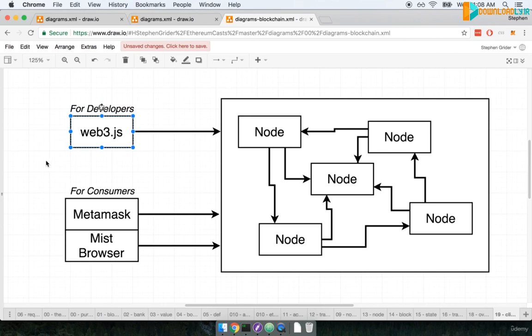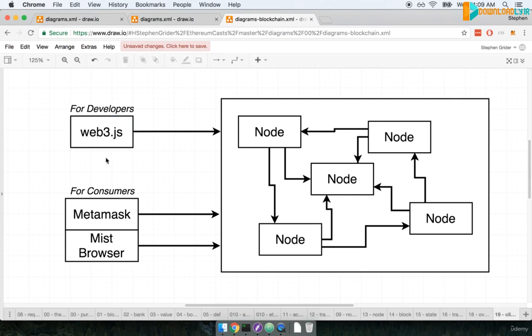You can think of Web3 as being our portal or our window into the Ethereum network, and it's going to allow us to send money, store data, deploy contracts, or do essentially whatever we want to do on the network. We're going to get a tremendous amount of experience with Web3 throughout this course.